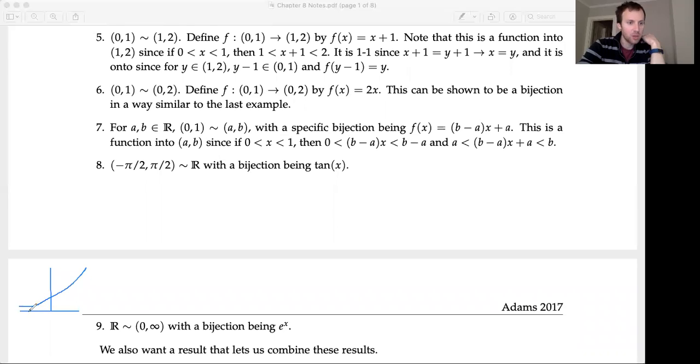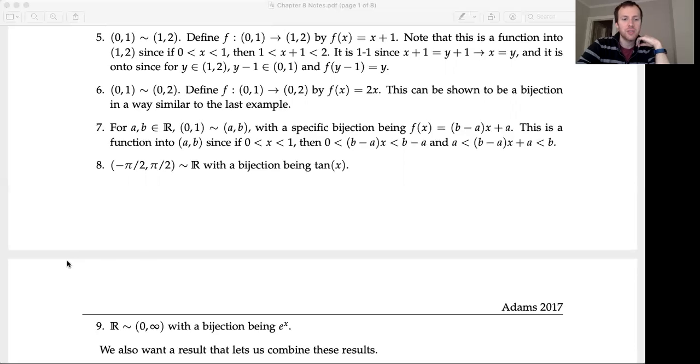Because it goes all the way down, it has an asymptote here, so it doesn't make it to 0, and it goes all the way up, and its domain is all the real numbers. So here again, if we take the real numbers and throw out half of them, we end up with a set of the same size.